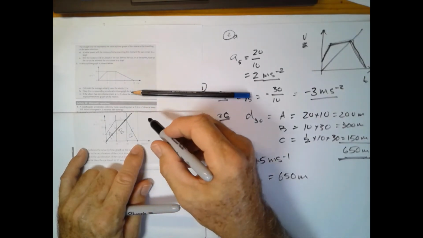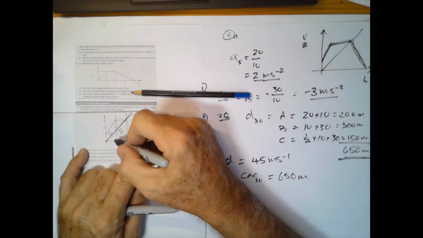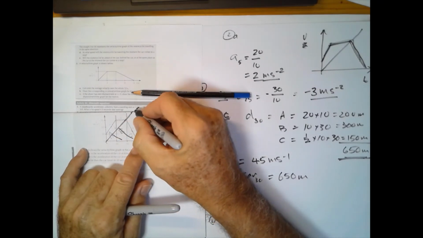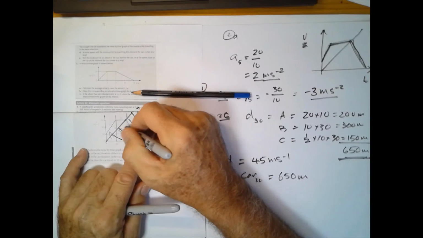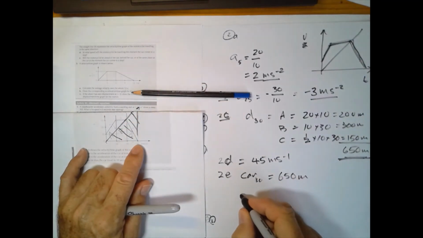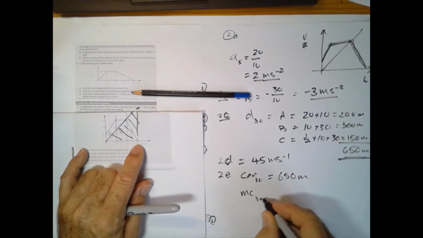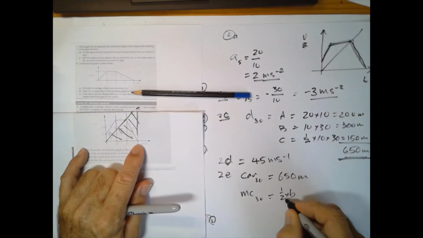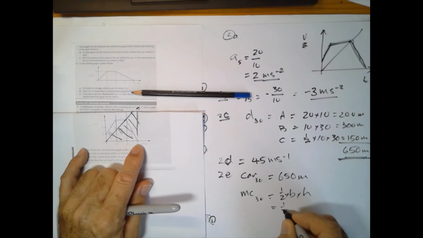So we need to calculate the area under the line for the motorcyclist at 30 seconds, and it's this triangle here. 1/2 base times height is equal to 1/2 times 30 times a height now of 45, which equals 675 meters.